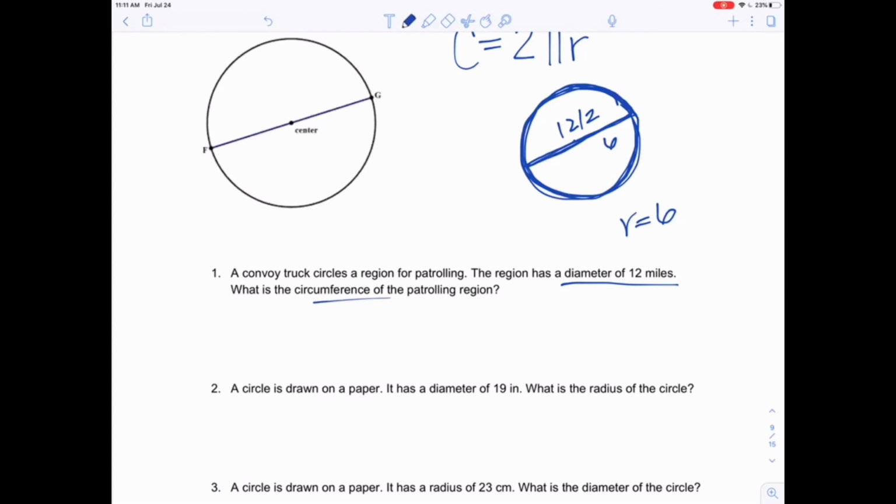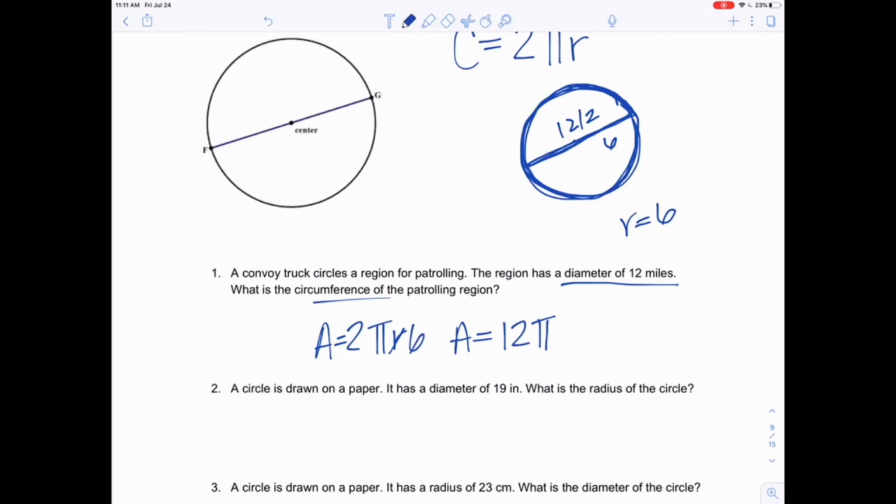And we're looking for the circumference. So 2 pi r. R is 6, so this is 2 times 6, 12 pi. When we have pi, we can just multiply everything around it and the pi stays the same. It's like if pi was x, but we know what pi equals. Okay? All right. So that was our first one.